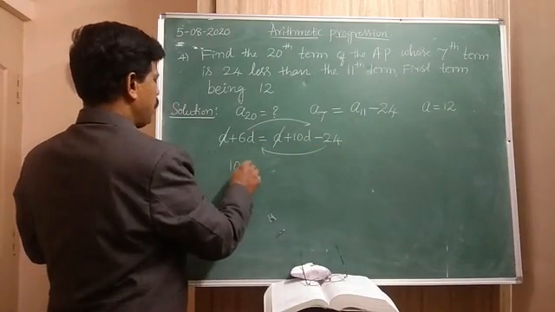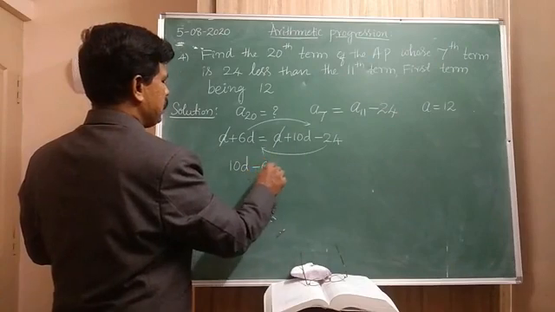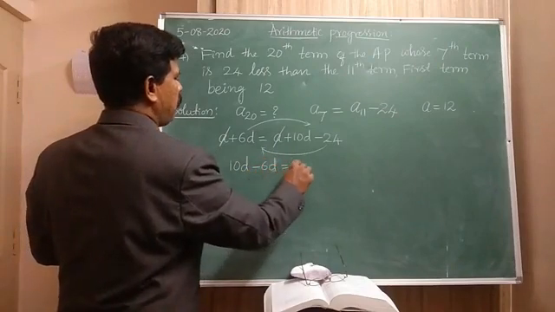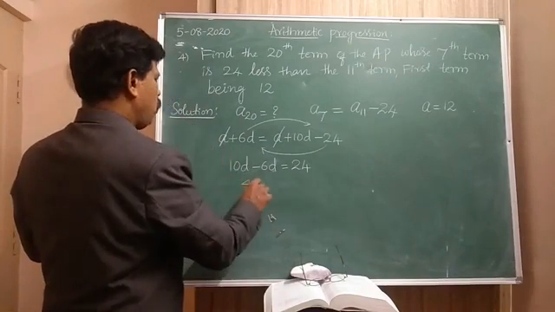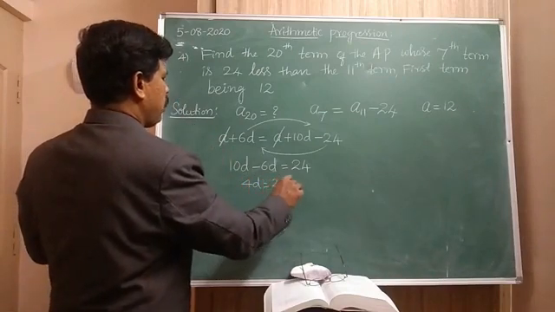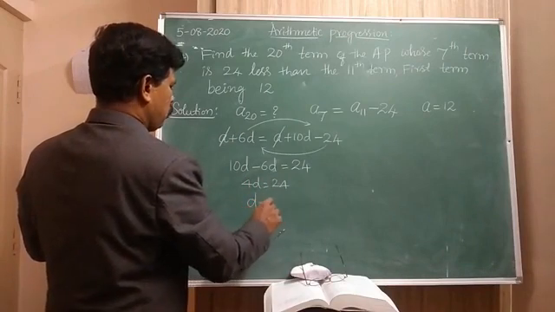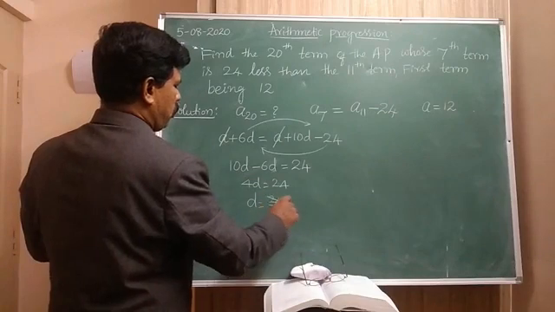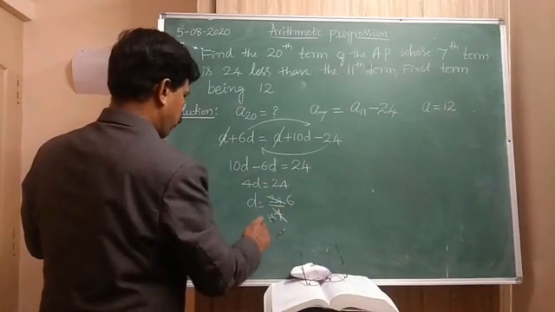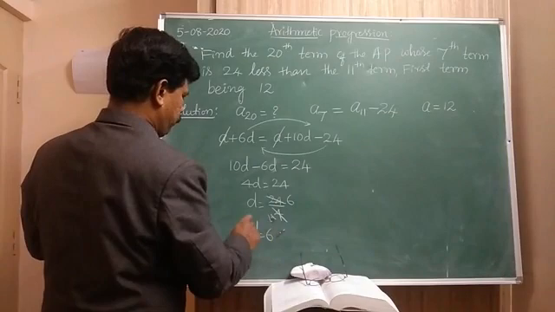Therefore 10D minus 6D is equal to plus 24. Then 4D is equal to 24. D is equal to 24 by 4. So D value is 6.